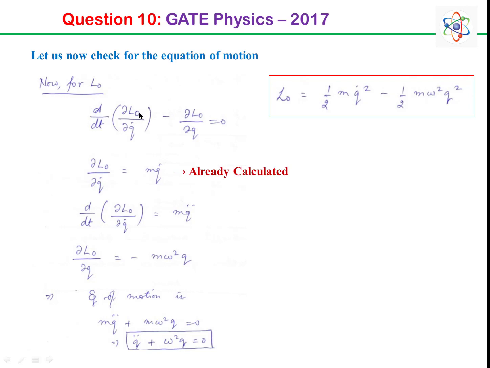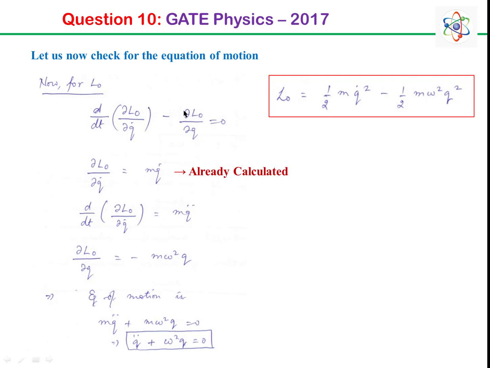Now we have already found this quantity when we found the canonical momentum. So ∂L0/∂q dot, we got m q dot. Now we can find this term by differentiating this with respect to t once, and I get m q double dot.